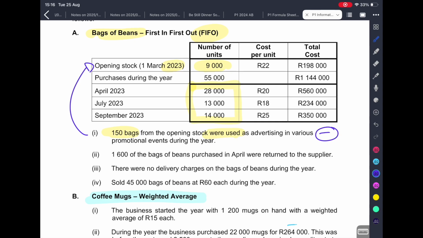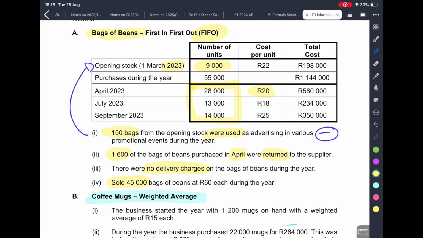Then the second one talks about 1,600 that was returned, specifically in April, because April's bags were 20 Rand, and that might be relevant later as well. Good news, there's no delivery or carriages, so that just goes out of the equation. And then finally, very important, I sold 45,000 bags. I'm going to need that when I'm trying to do a calculation later.